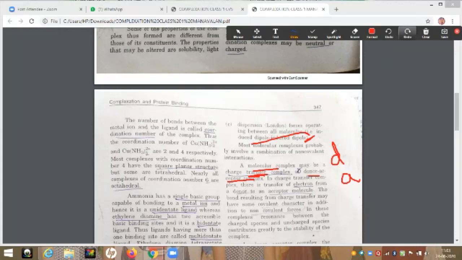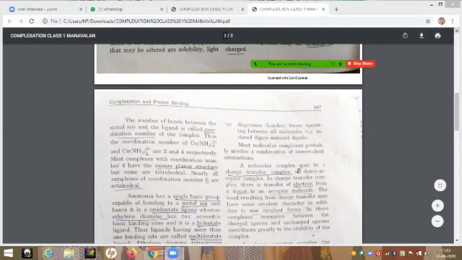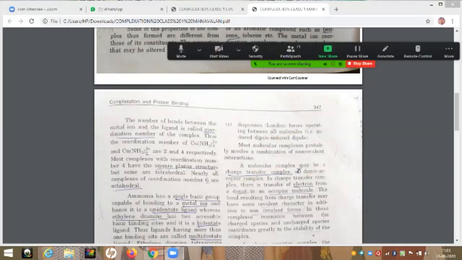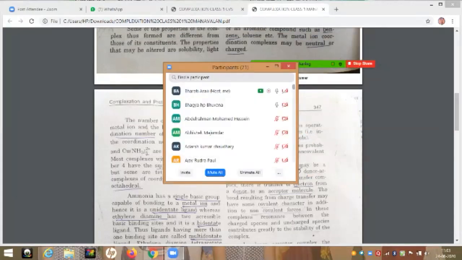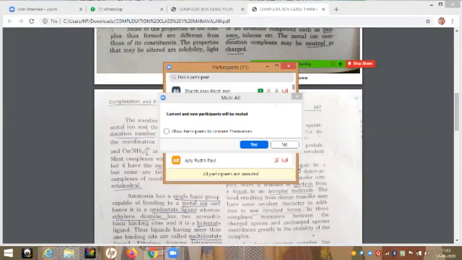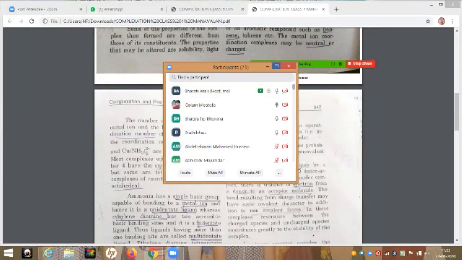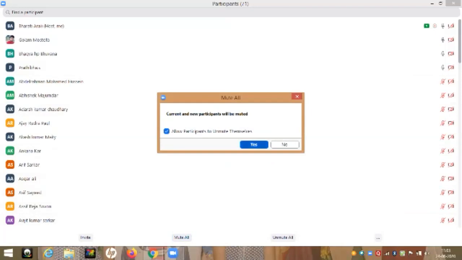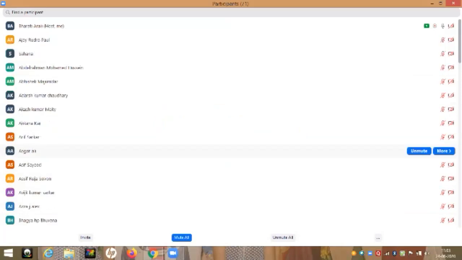Fine. So this is all about the introduction to complexation. Any doubts over here? Anyone has a doubt?